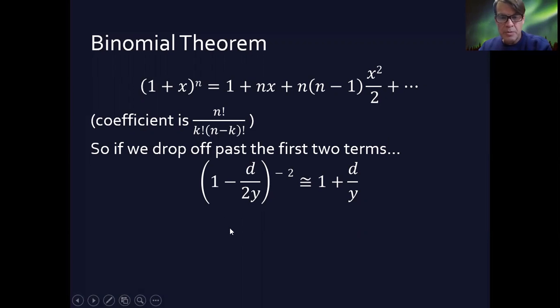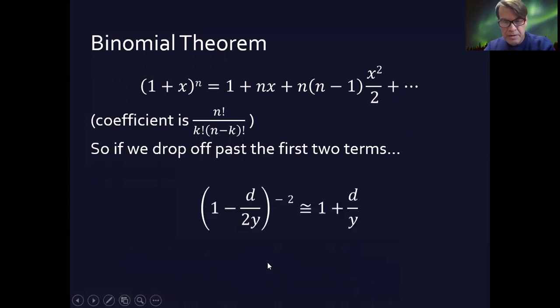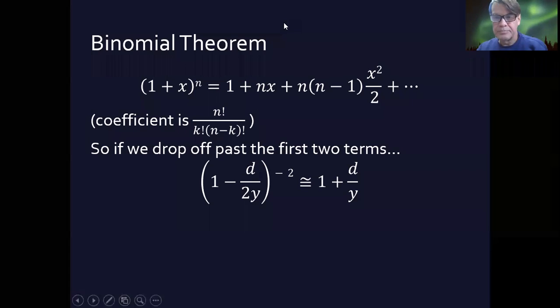So the first term, if we take this, this is where we ended up with this. So if we take that, and we put in -2 for n, and negative d over 2y for x, and we go ahead and plug it in, what we're going to get is 1 plus d over y for this second term.